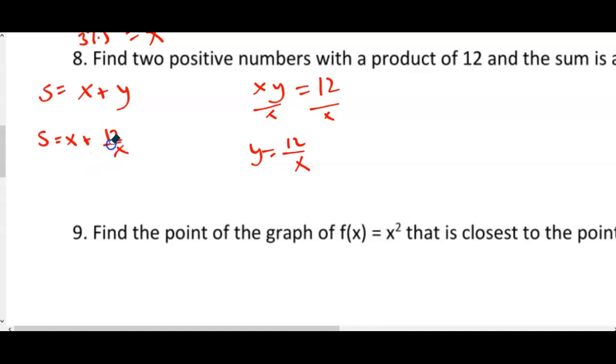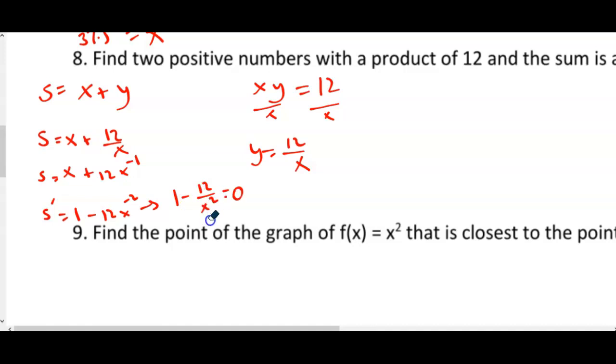Right there. And so we're going to find the derivative of this. And by the way, you can rewrite this just like that. So we go ahead and find the derivative of that. So you get 1 plus, or actually, it'll be 1 minus 12x to the negative 2, which will take us to 1 minus 12 over x squared, like that.